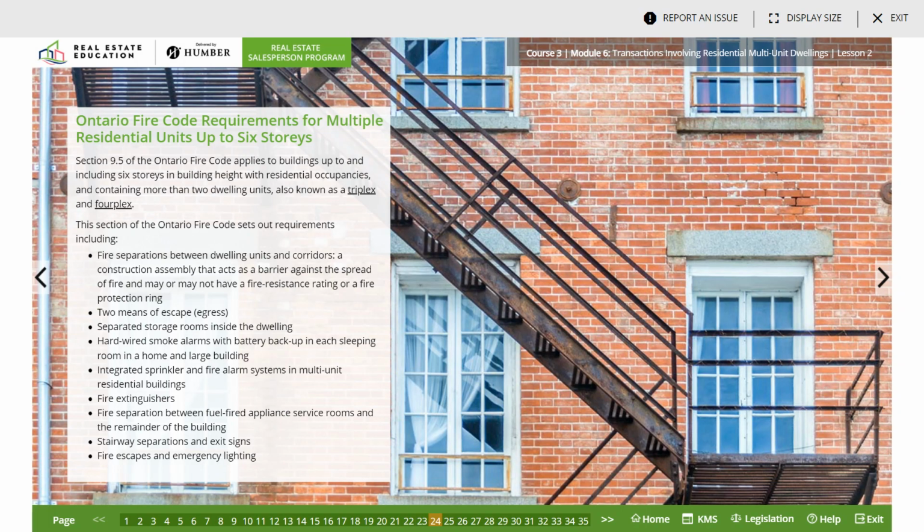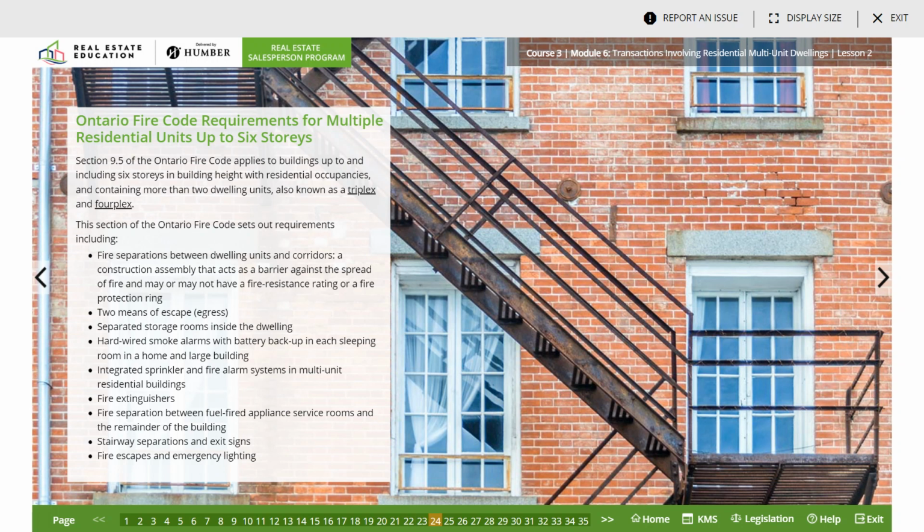So the requirements for a multi-unit. The Ontario Fire Code requirements for multi-unit units up to 6 stories. So the section of the Ontario Fire Code sets out requirements including 1. Fire separations between dwellings, 2.